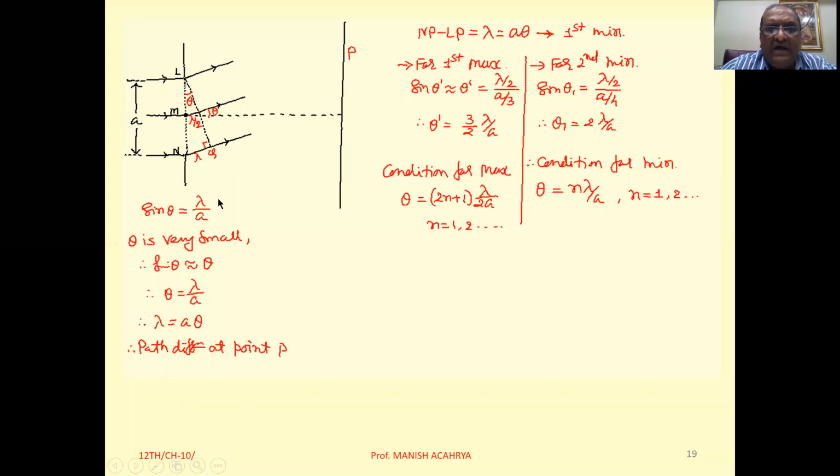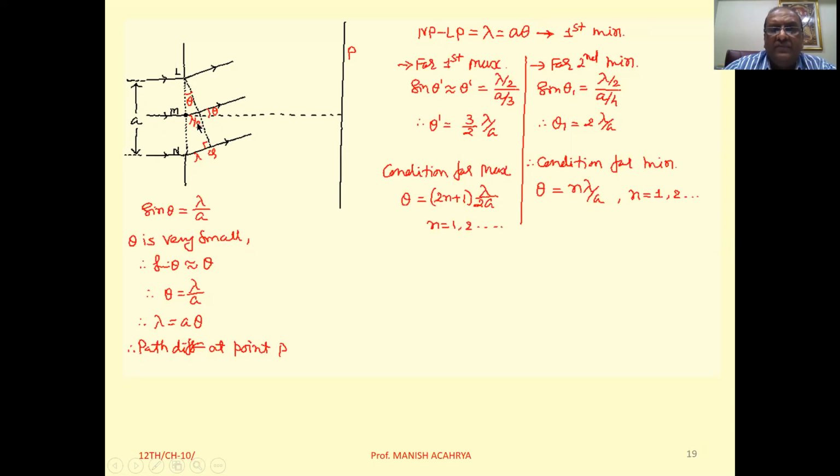Now some waves are diffracted at such an angle theta for which the slit behaves like it is divided into two parts, in such a way that the wave diffracted from the edge of the slit, as shown in the figure at point L, and the wave diffracted from the center of the slit at point A, when these two waves are superposed at a point on the screen, the path difference between those two waves becomes lambda by 2.